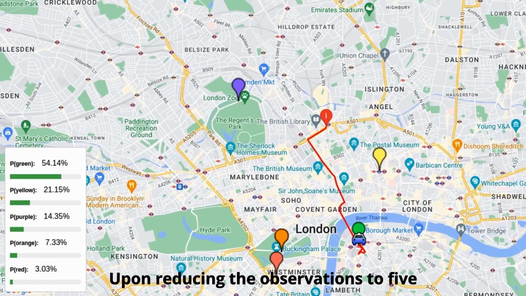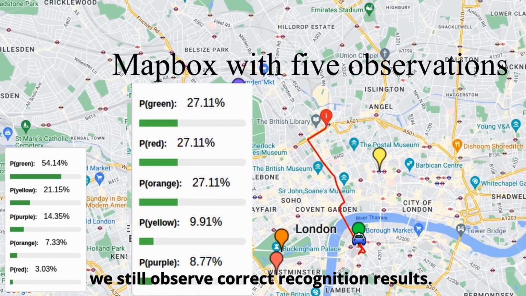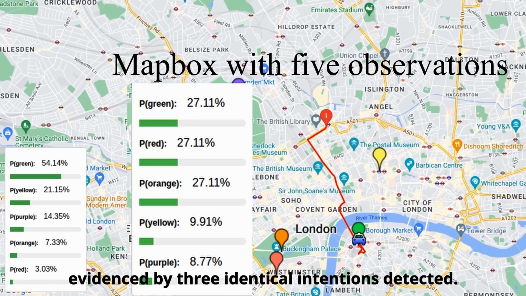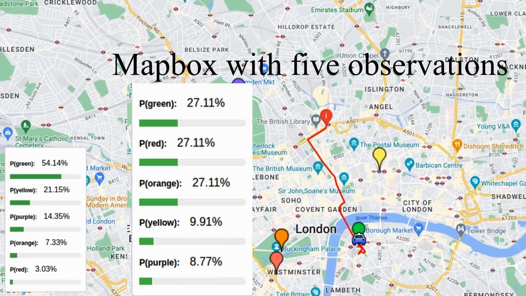Upon reducing the observations to 5, we still observe correct recognition results. However, there's a noticeable drop in performance, evidenced by 3 identical intentions detected.